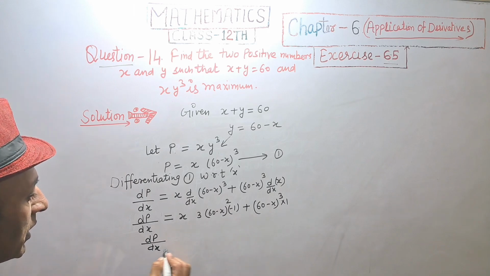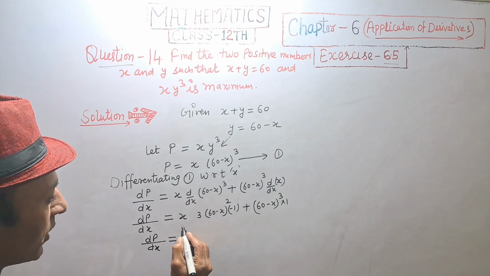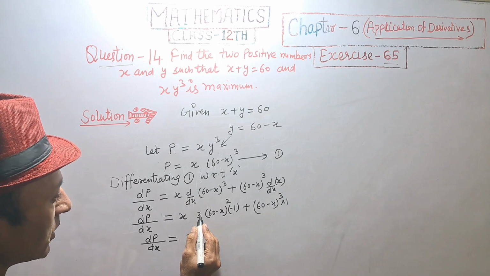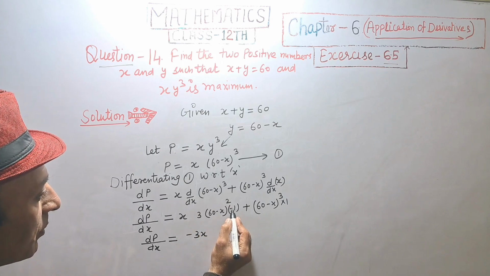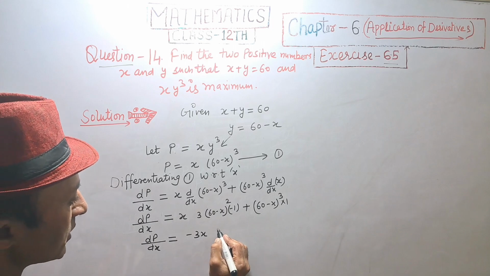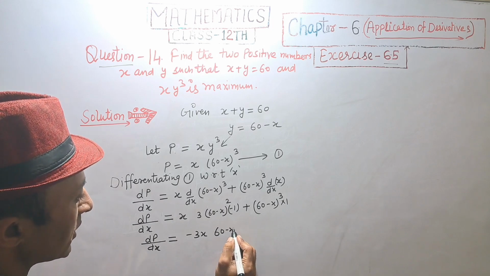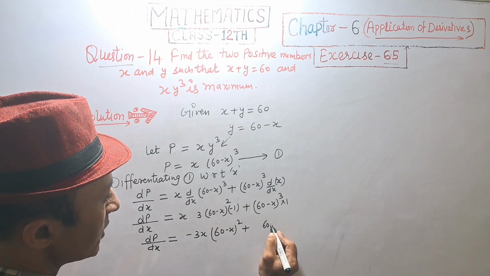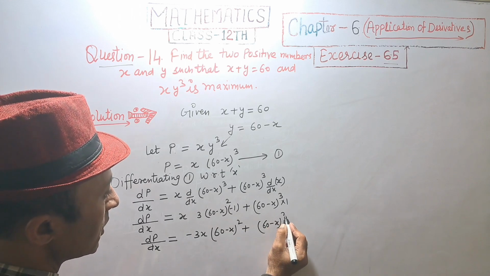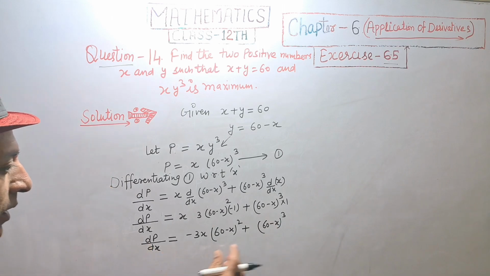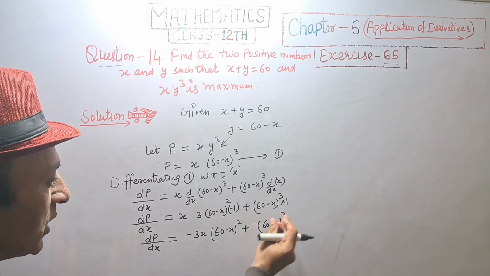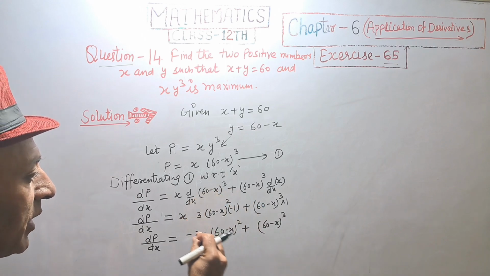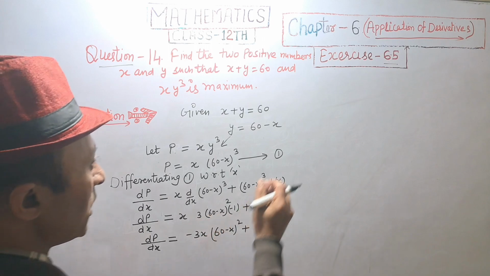dP upon dx is equal to minus 3x (60 minus x) raised to power 2 plus (60 minus x) raised to power 3. We are taking common (60 minus x) raised to power 2.